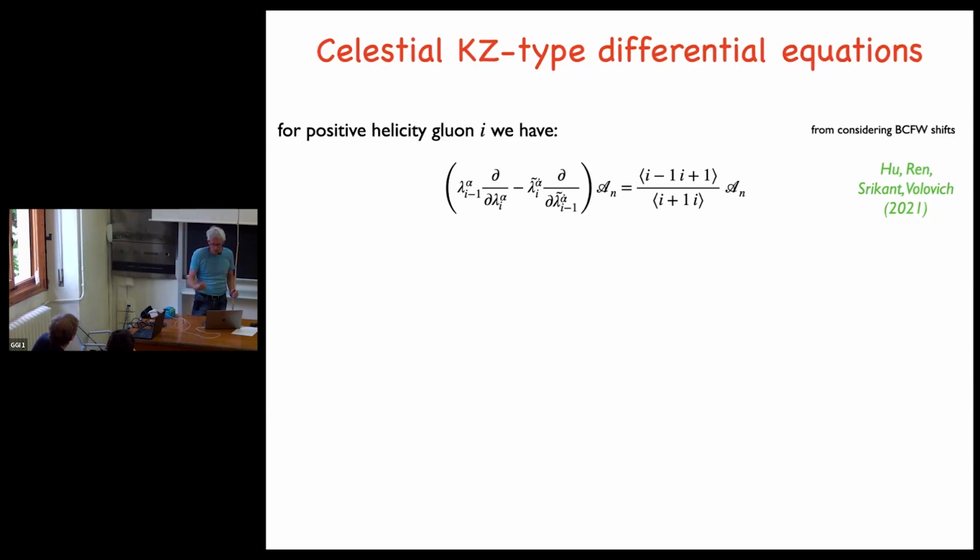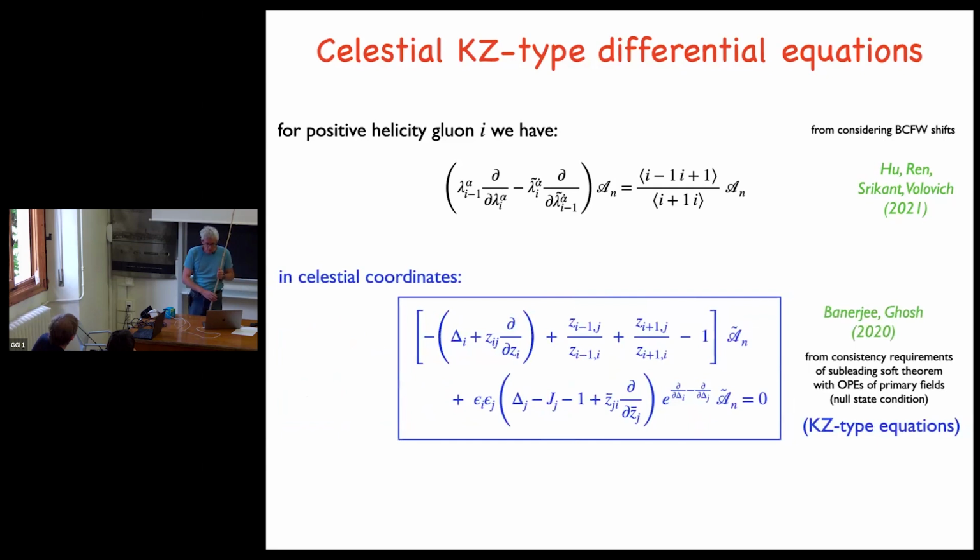And now you can ask what does this differential equation mean on the celestial sphere. You just transform it into the celestial coordinates and you get this. And that is what looks very much like a KZ type equation.